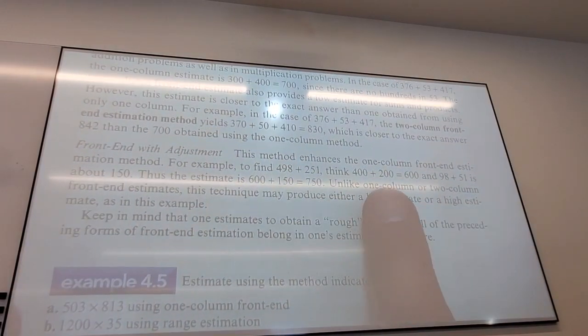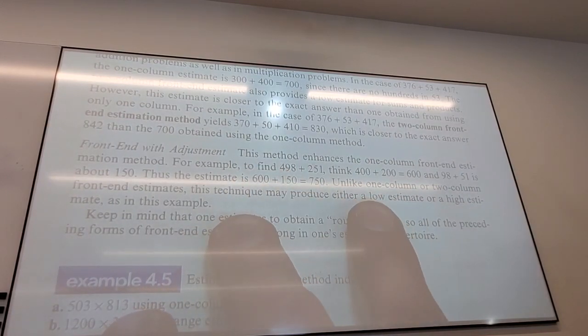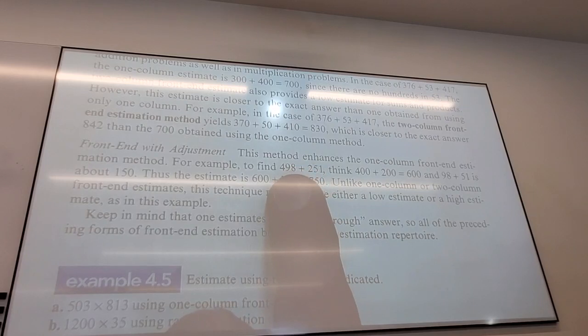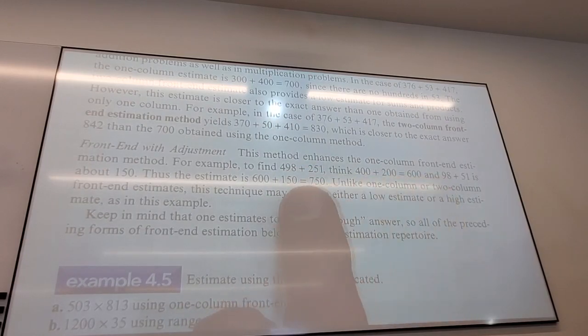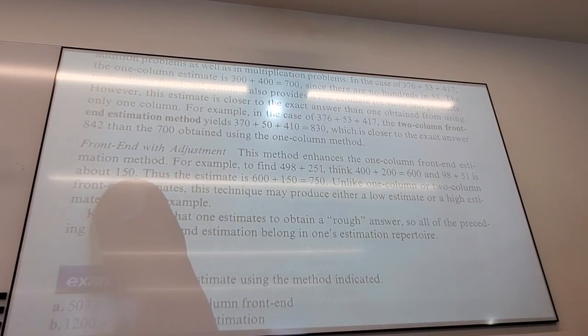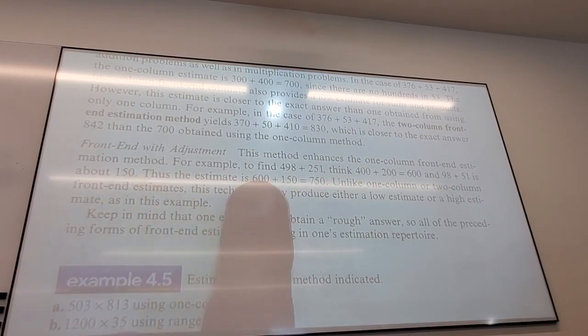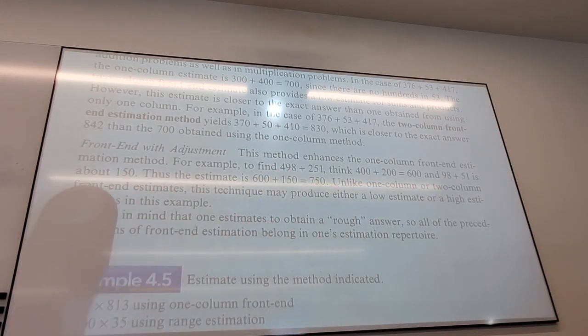So all this says is the front end, literally just take the first, in this case, the hundreds place, the front number, the first digit. The adjustment is you just estimate for the rest of it. So 400 plus 200 is 600. 98 plus 51 is about 150.